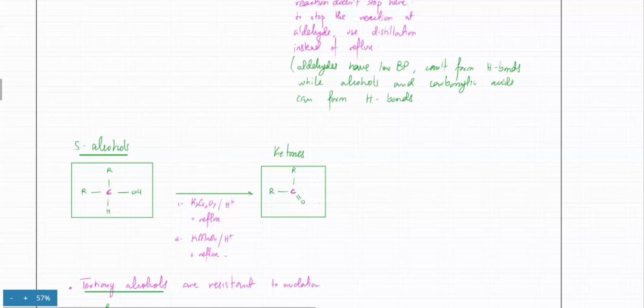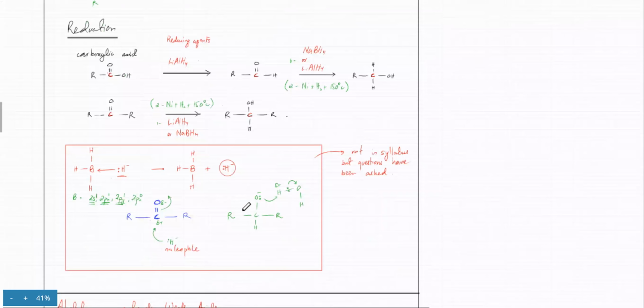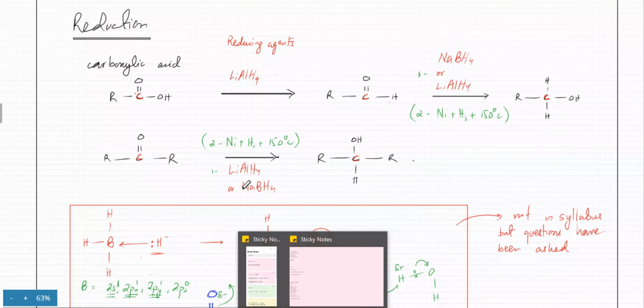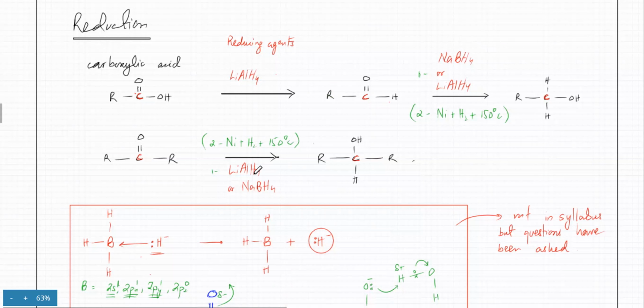Let's look at the secondary alcohol. What did we study about secondary alcohols? We studied that secondary alcohols get oxidized by K2Cr2O7 or KMnO4 into a ketone. But there is no NaBH4. NaBH4 was a reducing agent. We talked about NaBH4 in terms of reduction. Now, secondary alcohols are formed as a result of reduction. And primary alcohols are also formed.